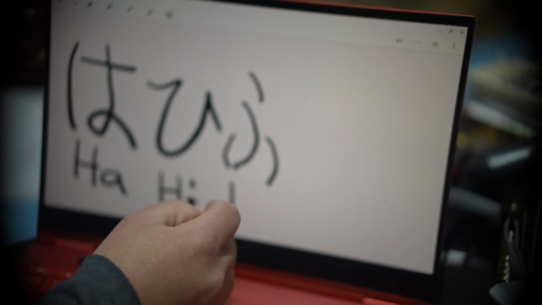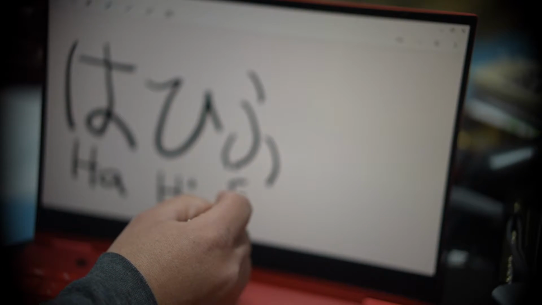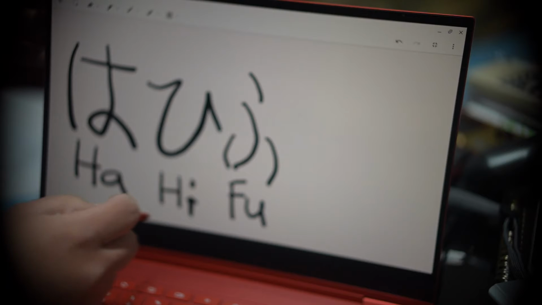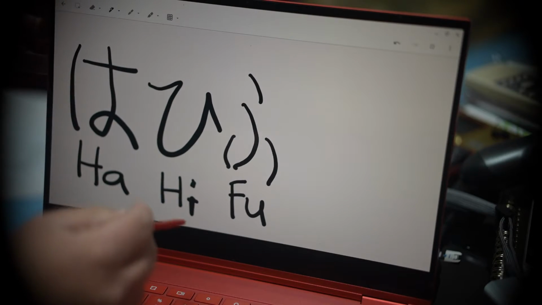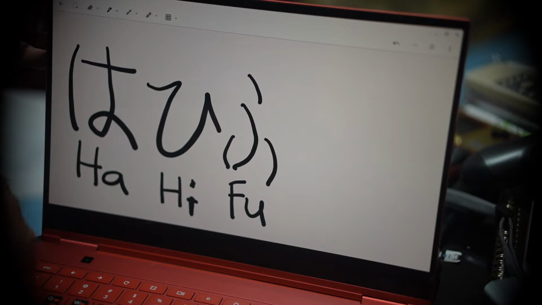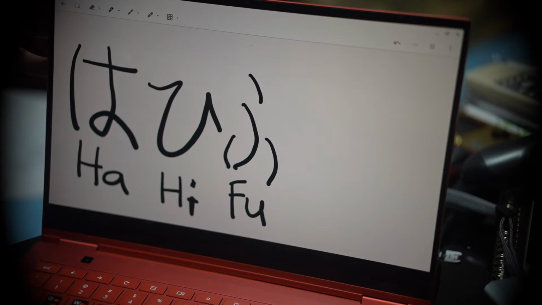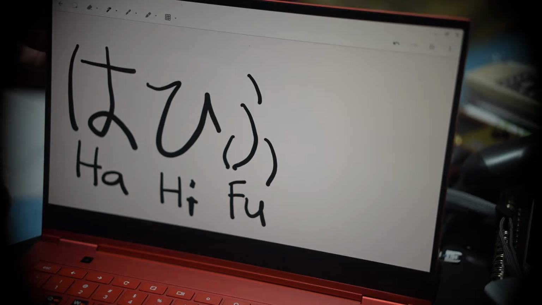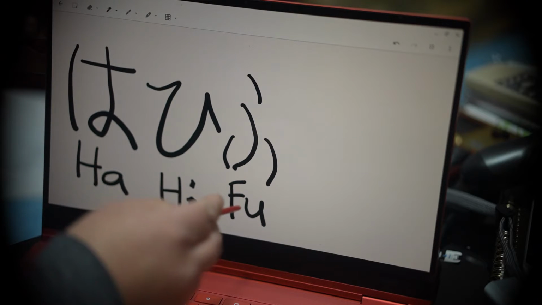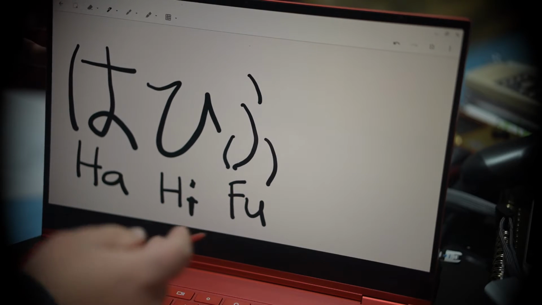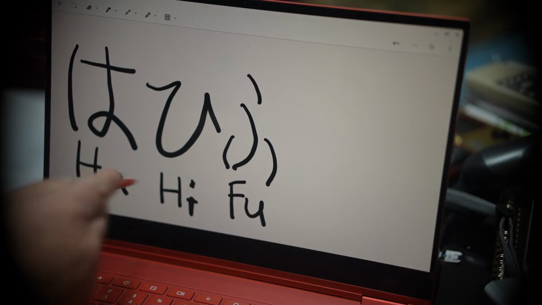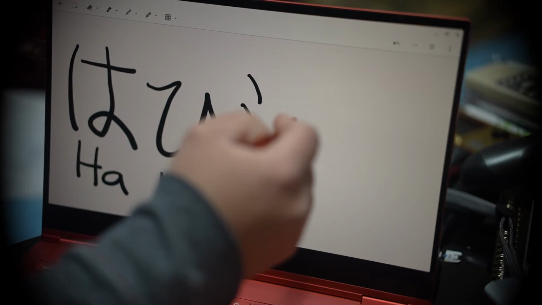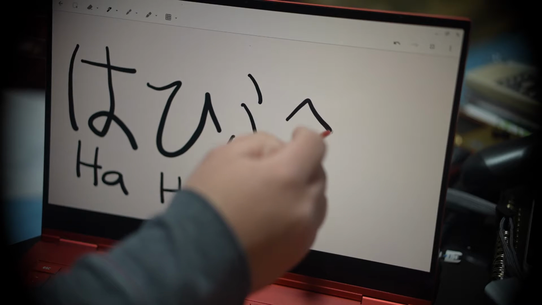And this makes a fu sound. Sometimes it's like hoo, sometimes it's foo. It's kind of a soft sound. It depends on the word. Like, that's how you would make Fuji, as in Mount Fuji or Fuji film cameras. Ha, hi, fu.